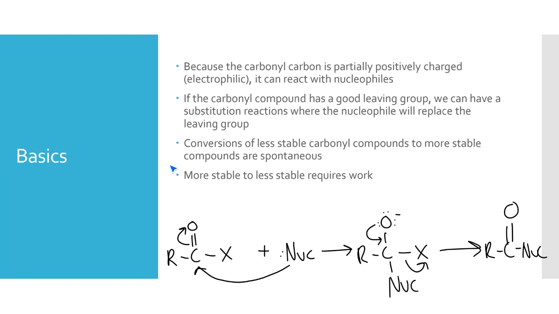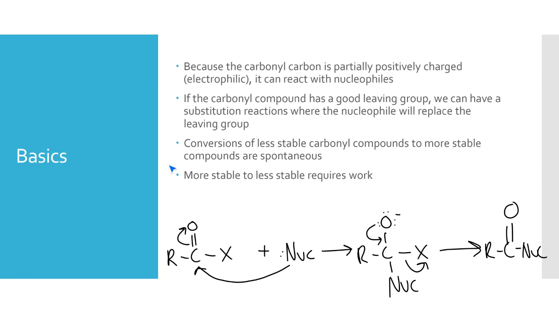So we know in carbonyl compounds, your carbonyl carbon is electrophilic because it's connected to that electronegative oxygen. It's just going to pull electron density towards itself, which makes the carbon partially positively charged and the oxygen partially negatively charged. So carbonyl compounds are electrophilic because of that carbon.